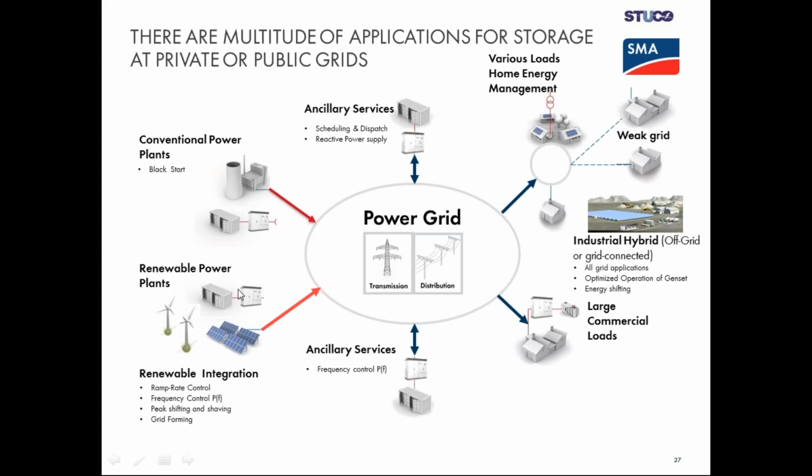And for the renewable power plants, as seen in Senus phase 1, the energy storage was providing ramp rate control and frequency control, whereas in the second phase, with the grid-forming battery inverters, we could switch off the conventional power plant. So this could be benefits for the operation of the utilities.